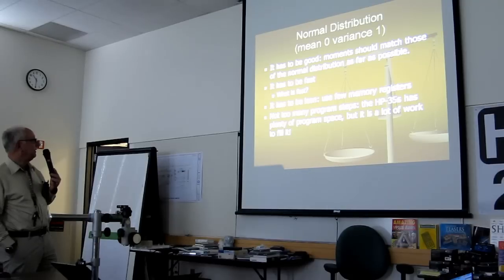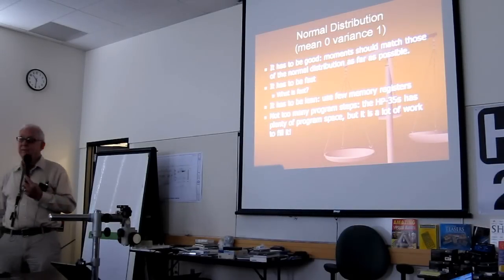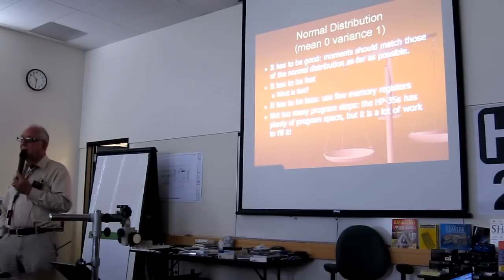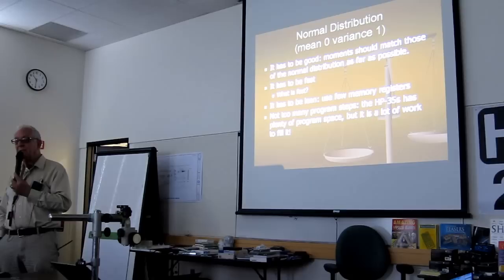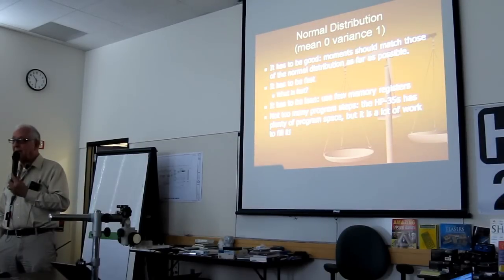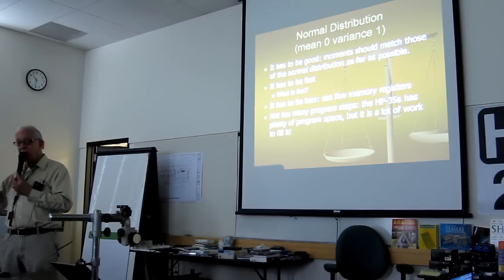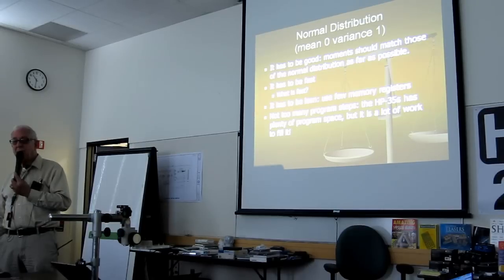It has to be lean, okay? In the case of the 35S, your most precious resource is those directly addressable registers A through Z, and you need those for your problem. Those are the registers that are fast to access. As soon as you go up into the indirectly addressed territory, you pay a nasty speed penalty.